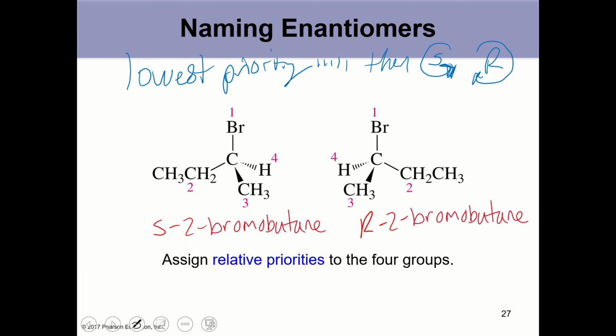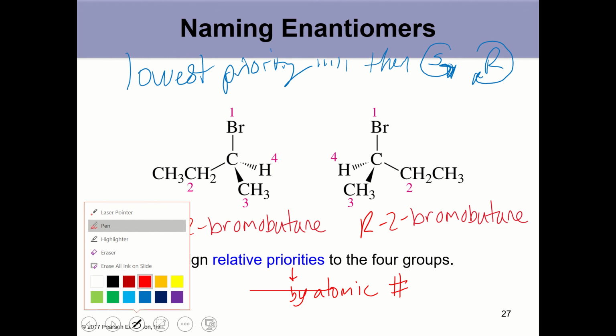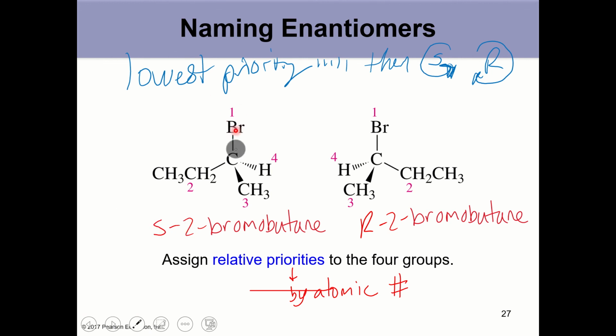So we must number the groups by priority, and the priority again is by atomic number. They've labeled our molecule for us. Bromine is the highest priority, then ethyl, then methyl, then hydrogen.